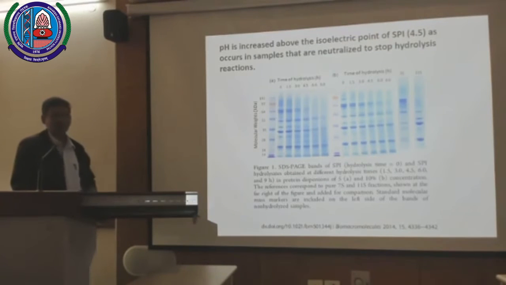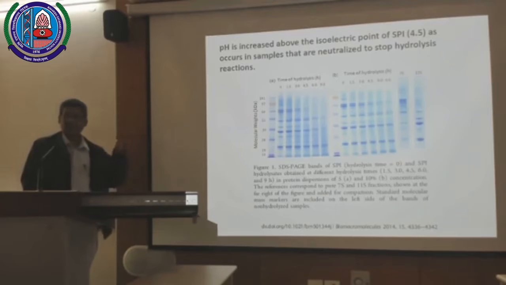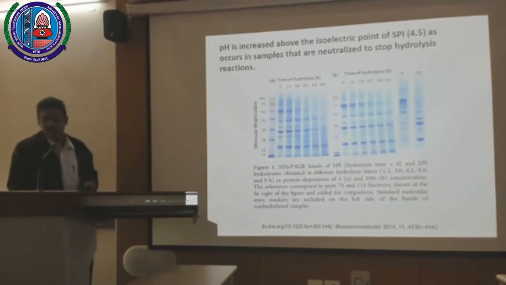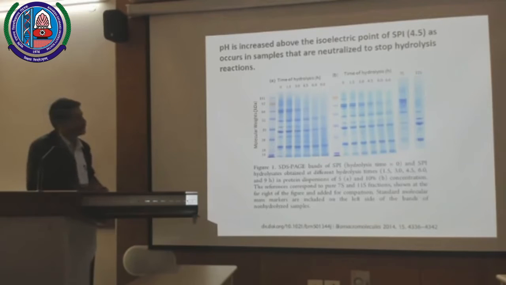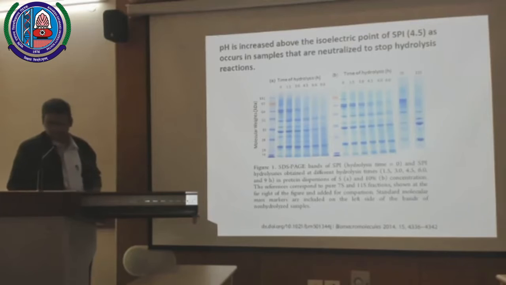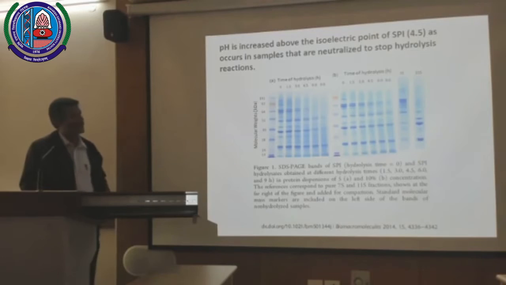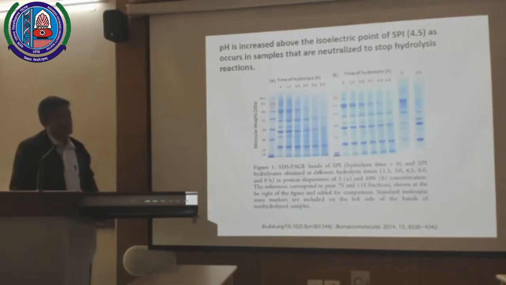So what happens to the protein in case of the time of hydrolysis, I'm talking about in hours? So this is 7S, this is 11S. 7S is the beta-conglycinin, and 11S is the major storage protein, that is the legumin or the globulin.